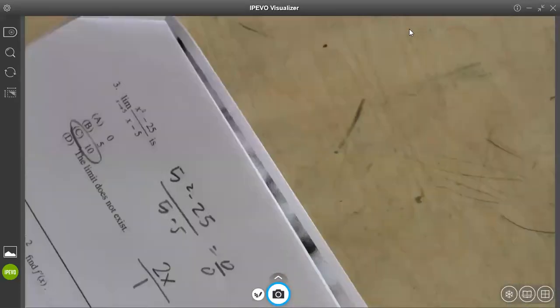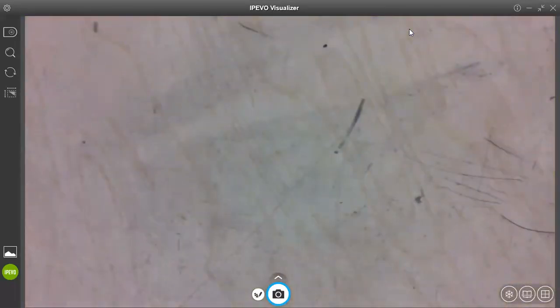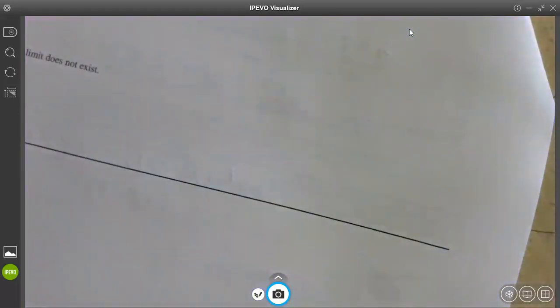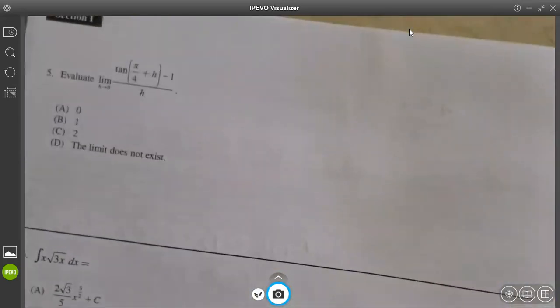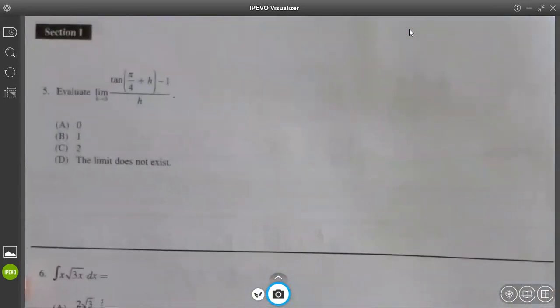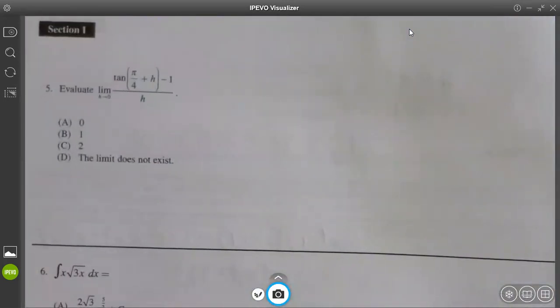All right, number 5. How do we take the limit? Direct substitute. All right, so we're going to plug in a 0 for that h. What is tan pi over 4?